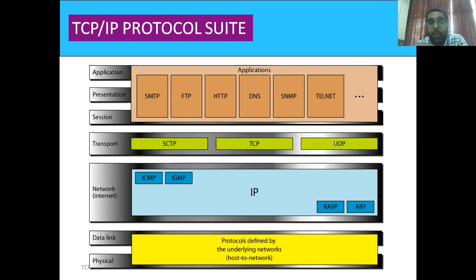And if I talk about SCTP, SCTP stands for Stream Control Transmission Protocol. So basically SCTP is a balanced combination of TCP and UDP. SCTP is basically for more sophisticated applications which require both kinds of things.